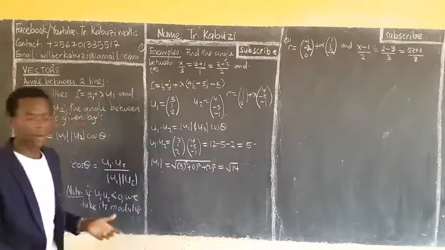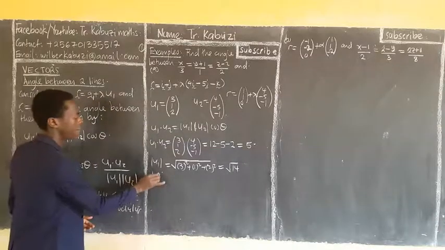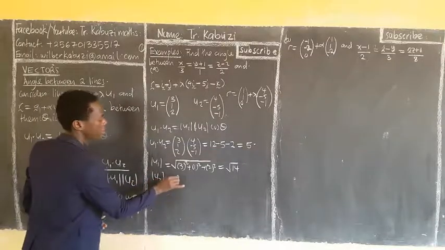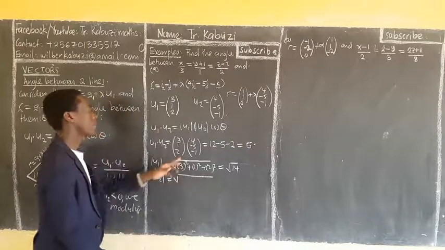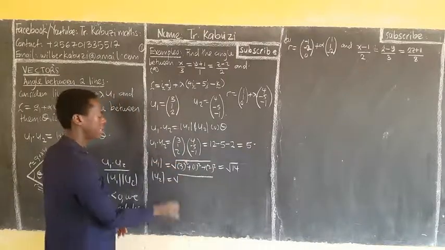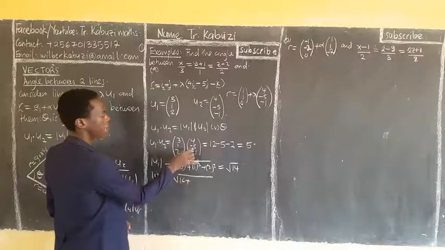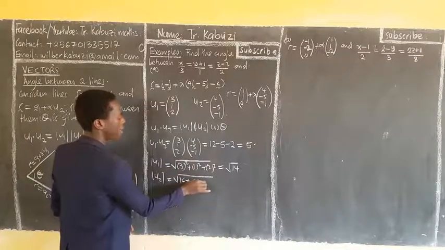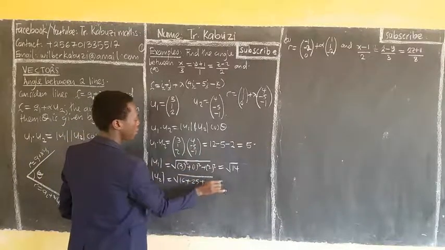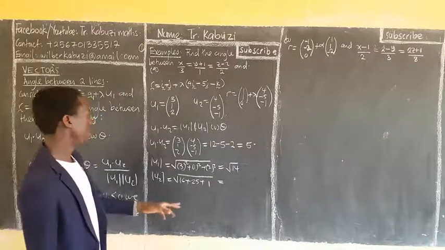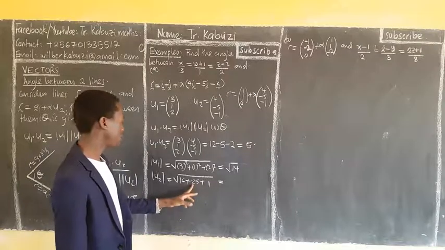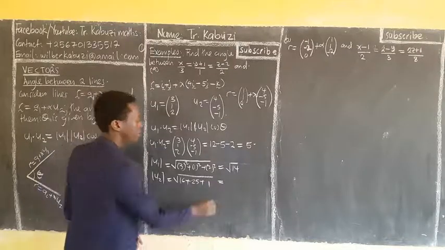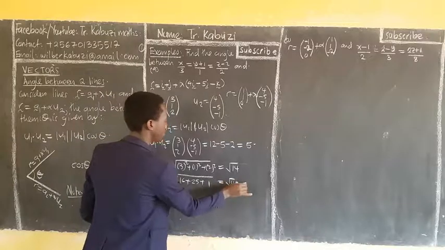Then the modulus of the second vector will be the square root of 16. When I square 5, I get 25, and I square 1, I get 1, so this will be 41, and this will be square root of 42.